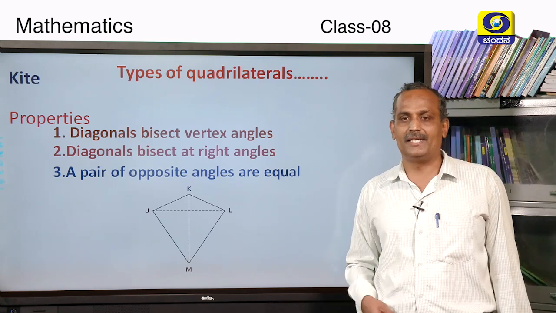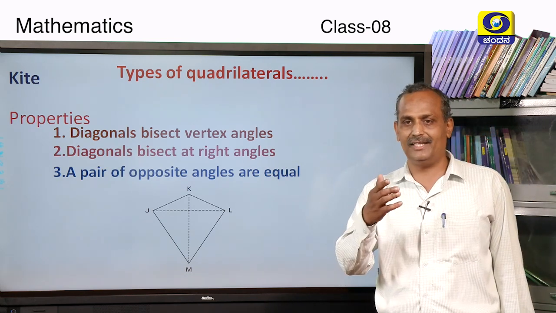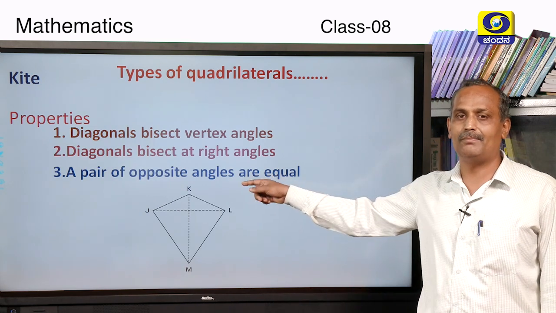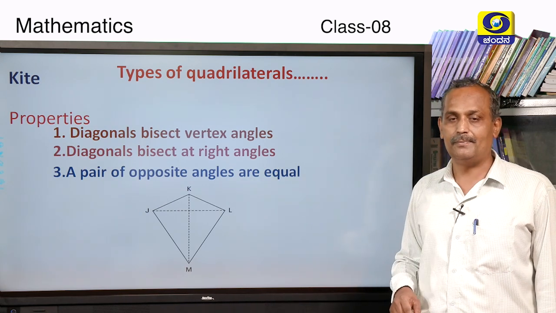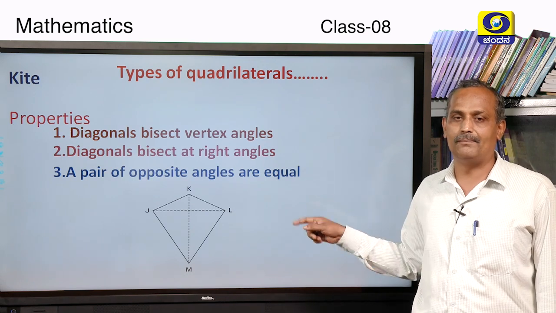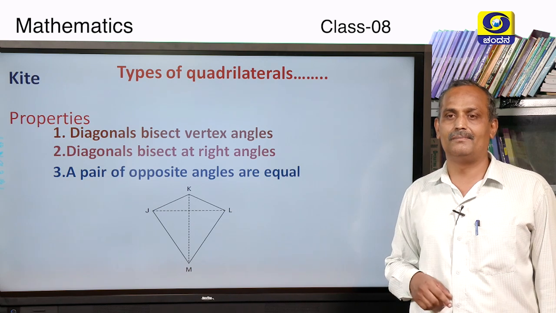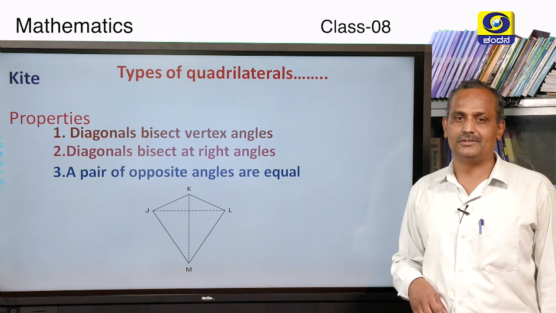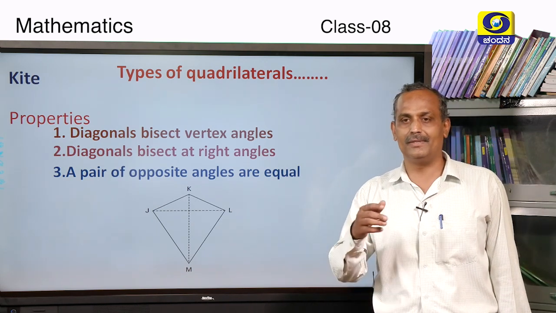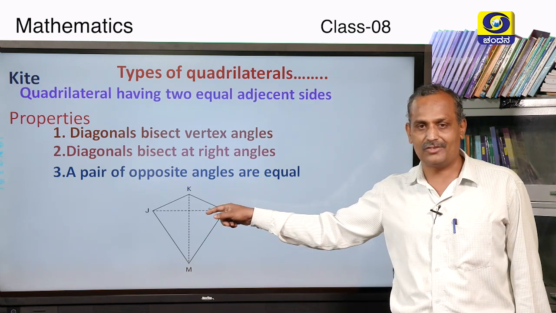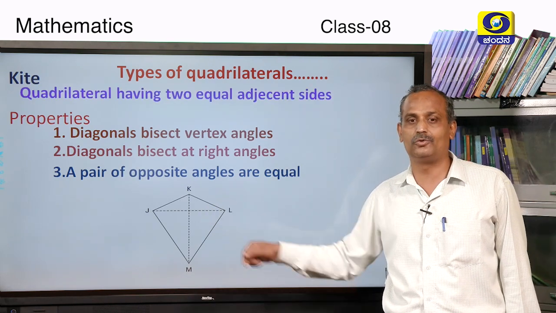The second property, as we can see in the diagram also, is that the diagonals bisect at right angles. It means KM is a perpendicular bisector of JL. You can see it in the diagram while drawing, and you can find it easily. You can measure the angle at the intersection of these two diagonals.